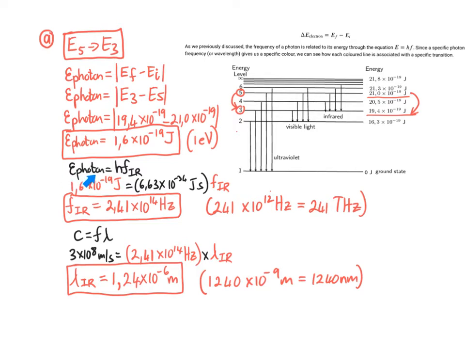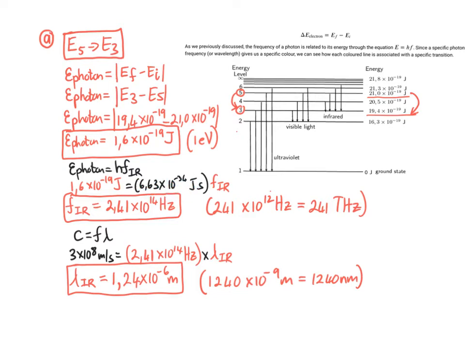The energy of the photon equals h, Planck's constant, times the frequency of the electromagnetic radiation. We substitute 1,6 times 10 to the minus 19 joules for the energy of the photon, and then we equal it to 6,63 times 10 to the minus 34 joules seconds.